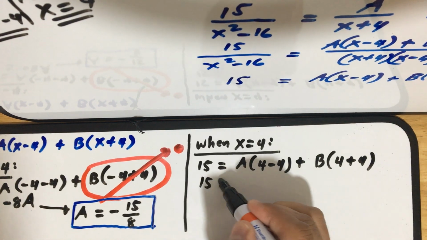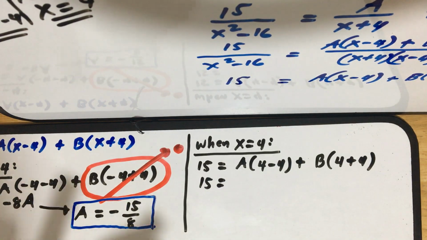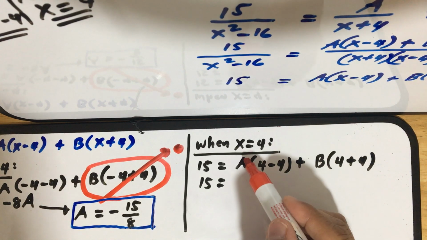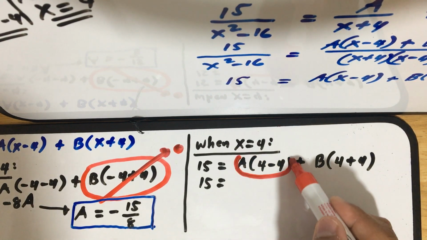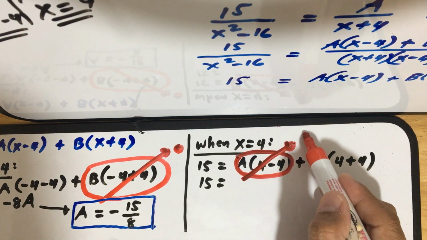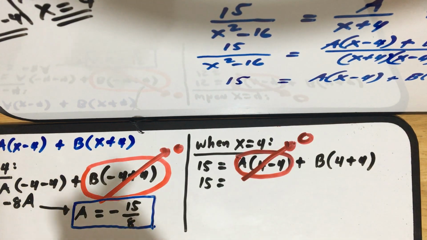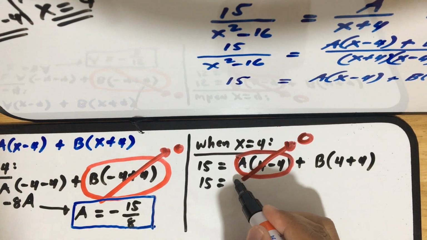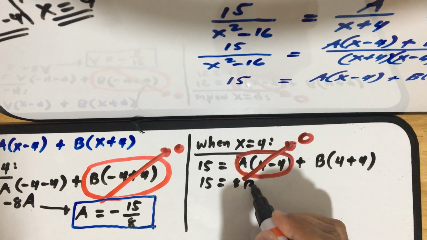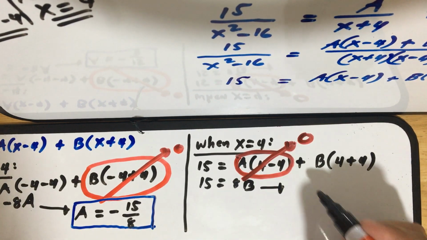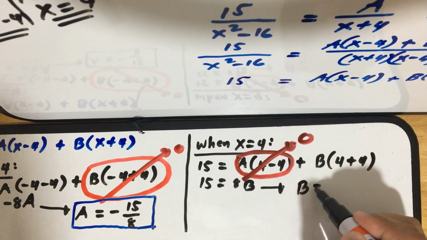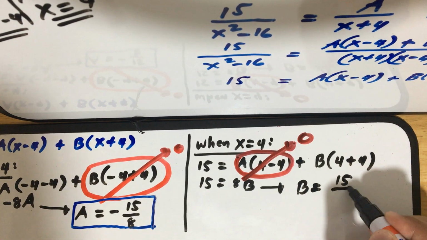So 15 equal to, again, 4 minus 4 is 0 times a, so the whole thing here is equal to 0. So we have 15 equal to 8b. From here we can solve for b. So our b here is equal to 15 over 8.